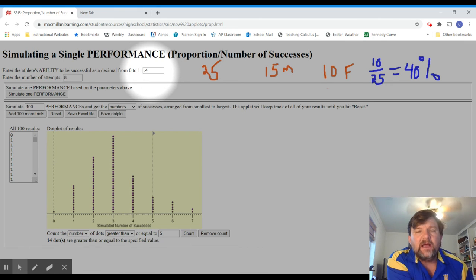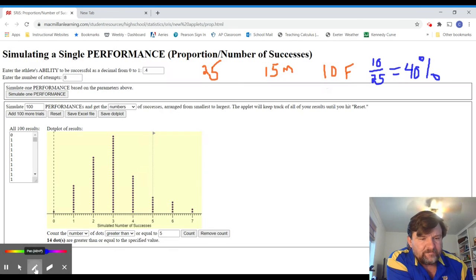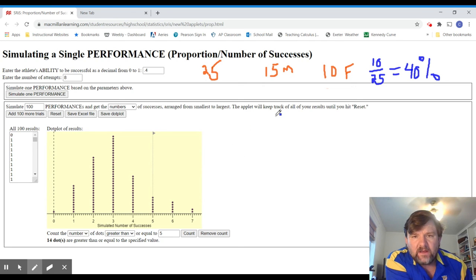Now our question is this: how many times can a female athlete be chosen out of 8 at a 40% success rate? I keep saying athlete because this is a sports stats generator. How many times can a female pilot be chosen out of 8 pilots at a 40% success rate?